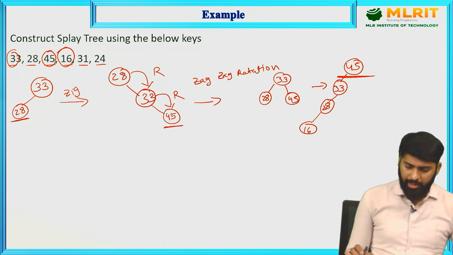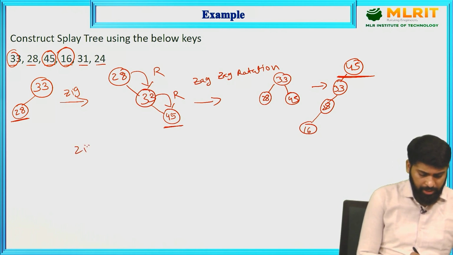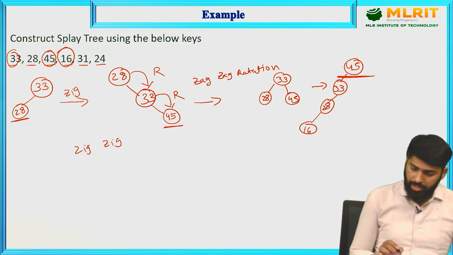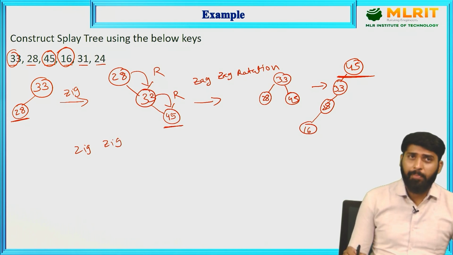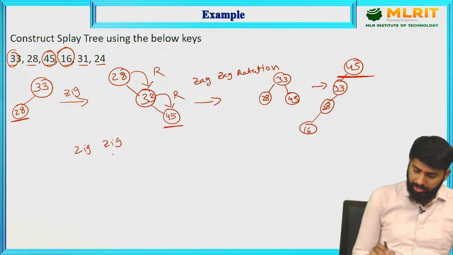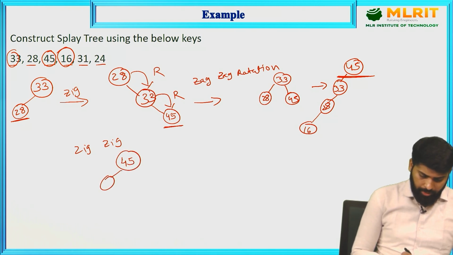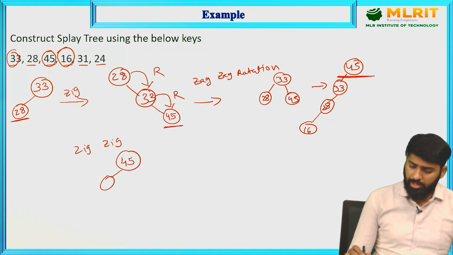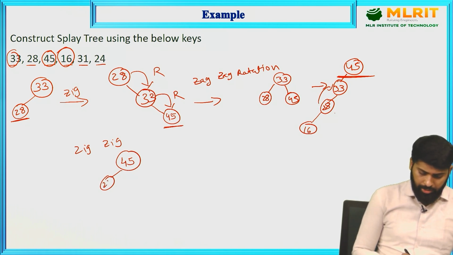Now, apply zig-zig rotation. In the first zig-zig rotation, one right rotation, it becomes 45, 28, 33, 16.